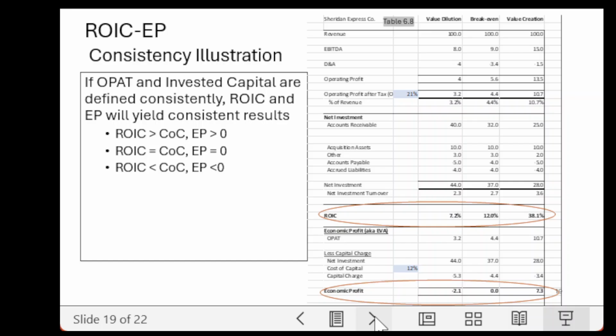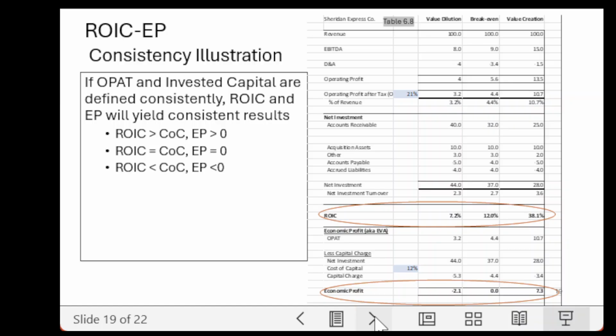So ROIC and economic profit are consistent. And if they're defined consistently, they will yield consistent results. So if ROIC is greater than the cost of capital, economic profit is greater than zero. If ROIC is equal to cost of capital, the economic profit would be zero. And if ROIC is less than the cost of capital, economic profit is less than zero.